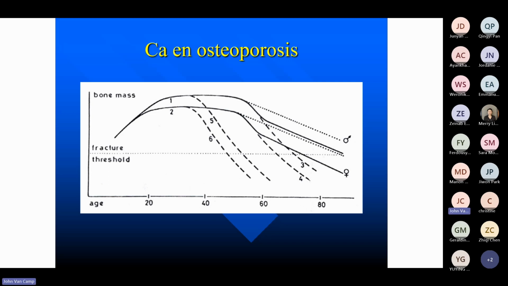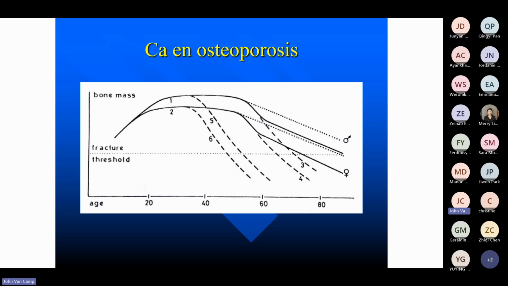In the case of females, the same thing: you can try to keep it as long as possible in a horizontal state, but then, especially around 50 and 60, which is more or less the menopause for women, you have hormonal changes, which can also lead to solubilization of the skeleton.